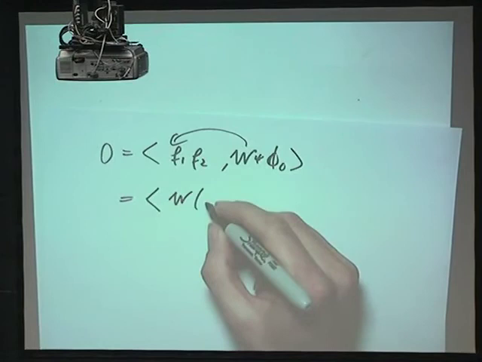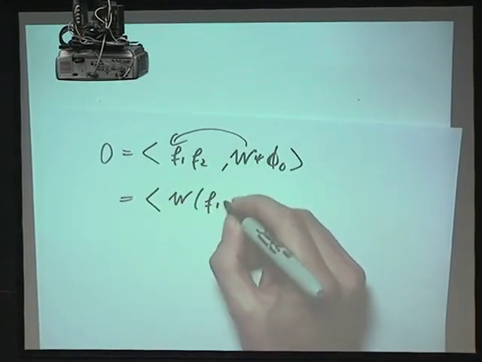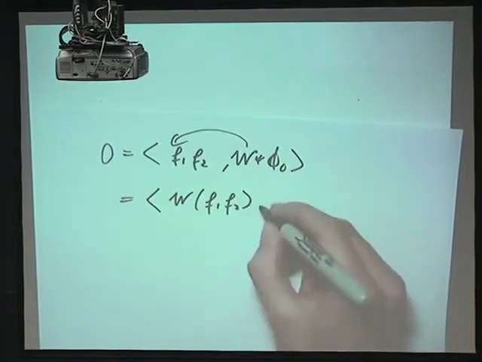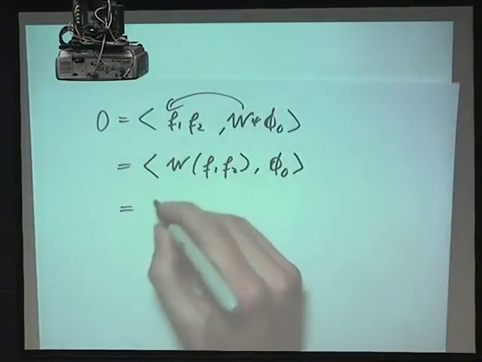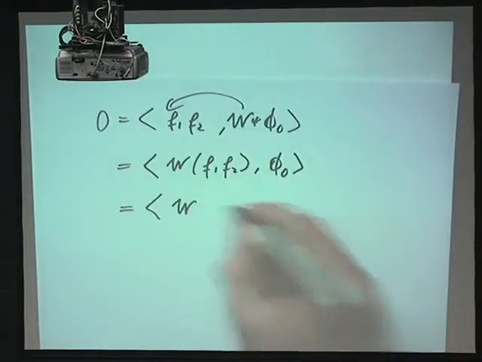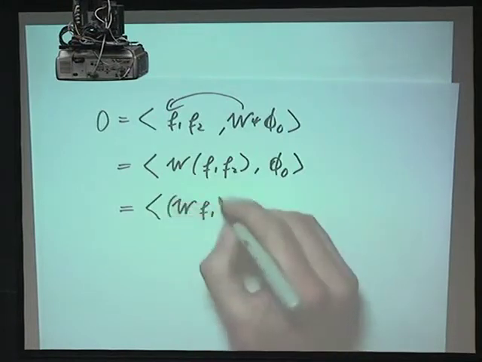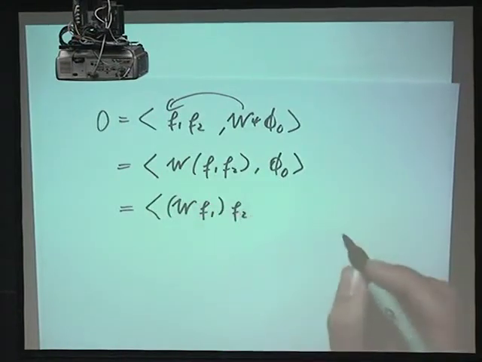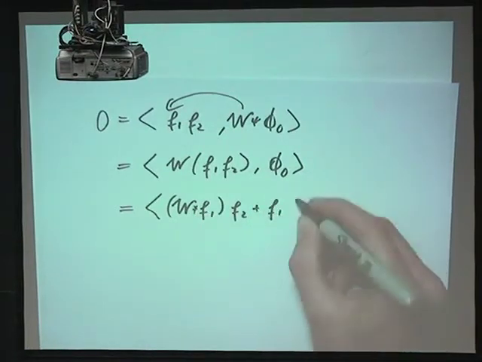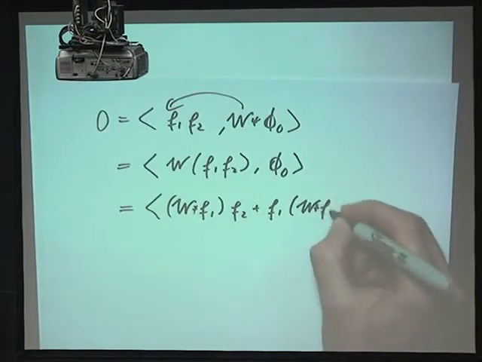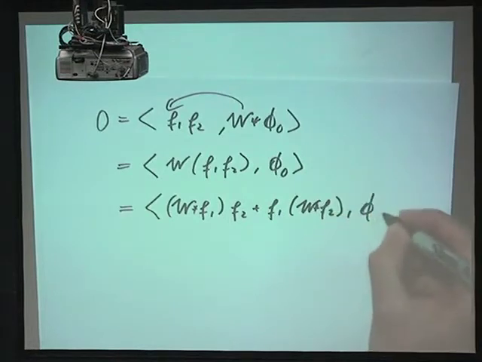W applied to f1 times f2, inner product phi 0, which is the same by the product rule as W f1 f2 plus f1 W f2, phi 0.